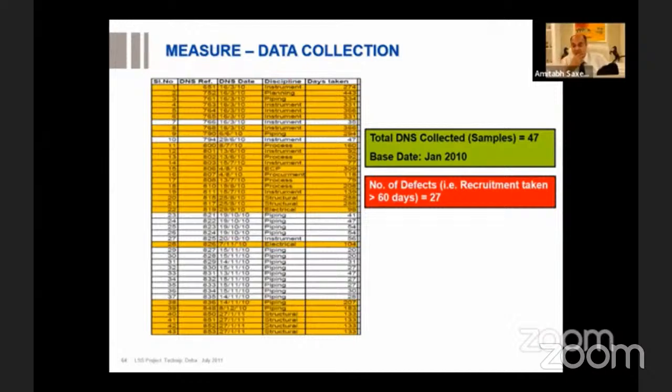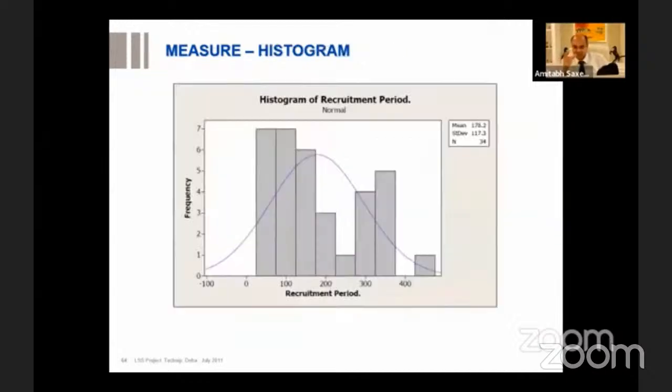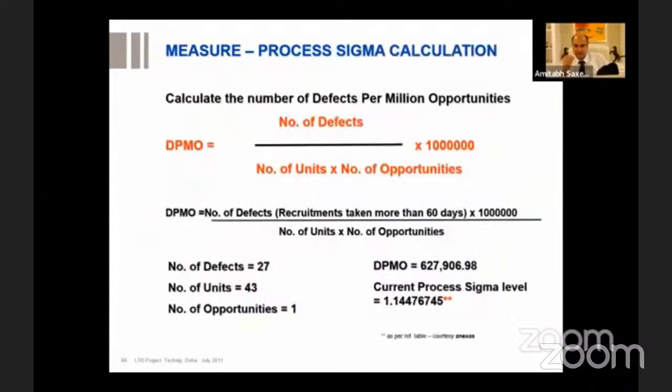So you use a formula using DPMO, defects per million opportunities, and calculate the sigma level. Right now, calculation of sigma level, etc., is not in the scope of yellow belt. But just to give you a brief overview.